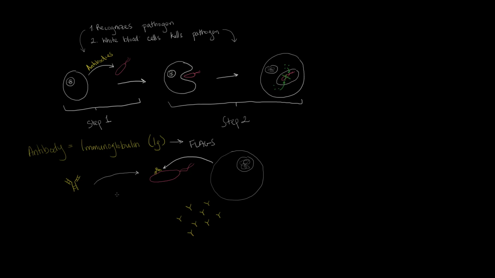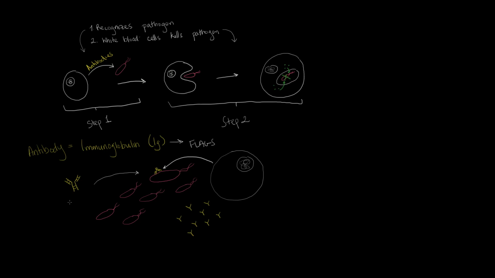And you can imagine why this would be very important, because when you're infected with a pathogen, there usually isn't just one pathogen. There are likely many, many pathogens all throughout your body, and they might be in your bloodstream, they might be in your lung or your liver or your bones, wherever. You'll have a whole bunch of these pathogens all over your body, or maybe it's localized, but there'll be far more than just one.